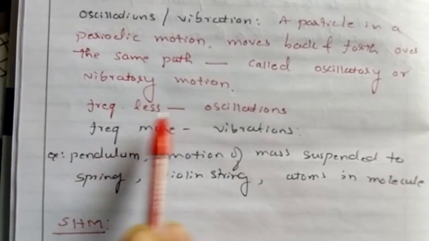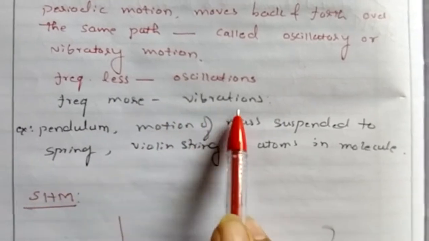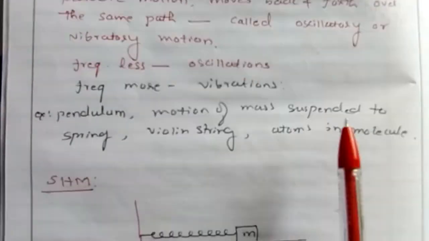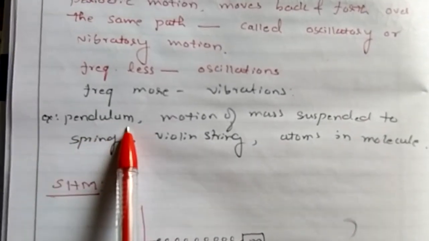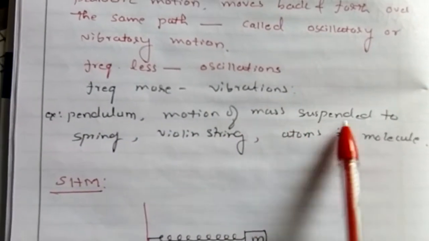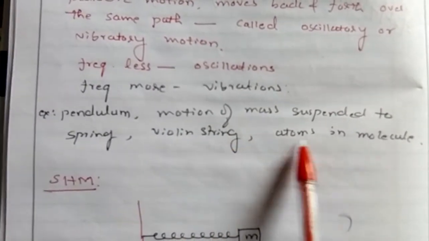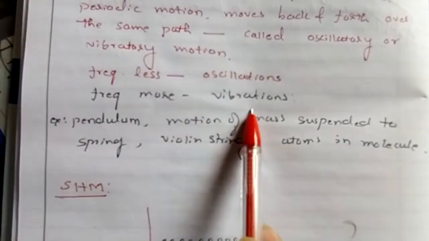So you have to remember when to use the word oscillation and when to use the word vibration. Examples of oscillation are the pendulum and the motion of a mass suspended from a spring. Violin strings and atoms in molecules come under vibration.